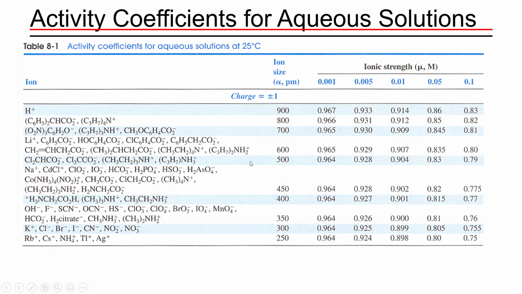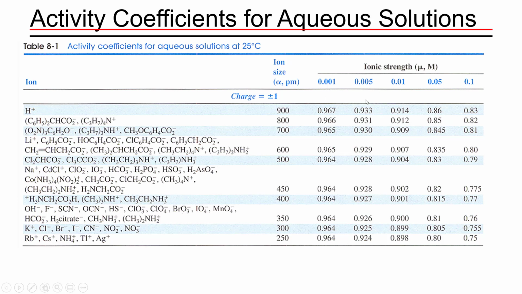And so to use this table, you identify the ion you're looking for. You can find its alpha value in picometers in the first column. And then you look for specific ionic strengths that you might need to evaluate the activity coefficient for. In the table in Harris, only ionic strengths ending in 10 or 5 are tabulated.